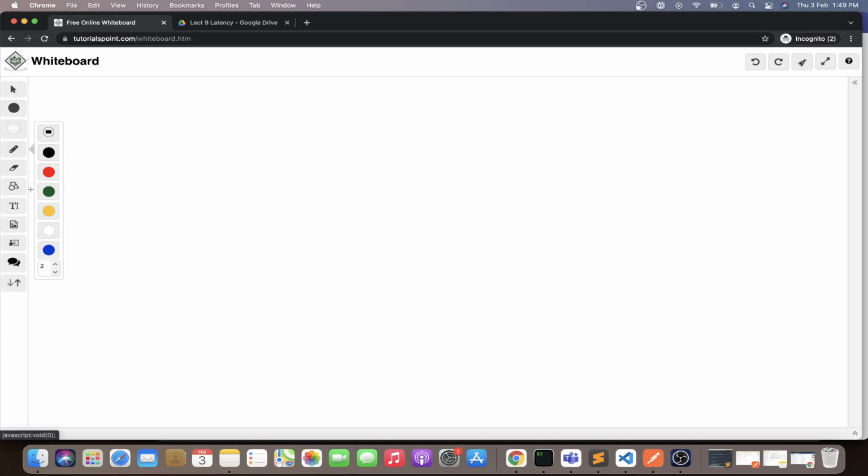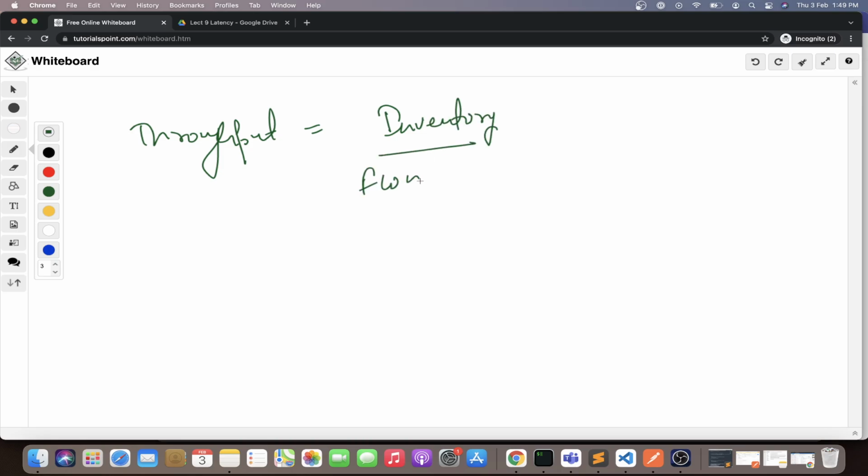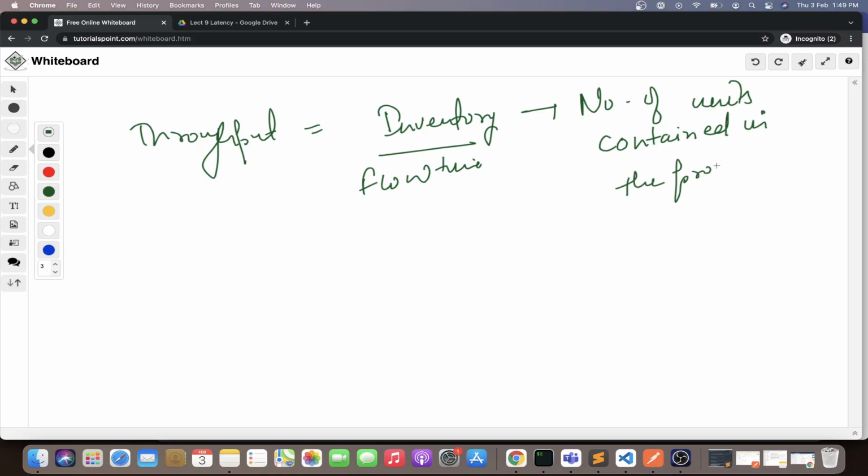I'll just write it again. Throughput can also be written as inventory upon the flow time. Inventory is the number of units contained in the process.